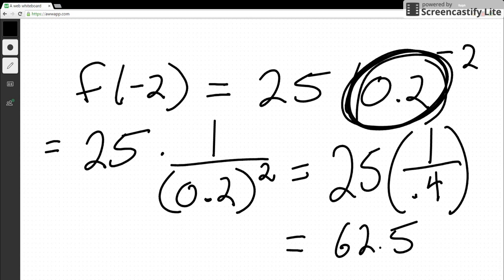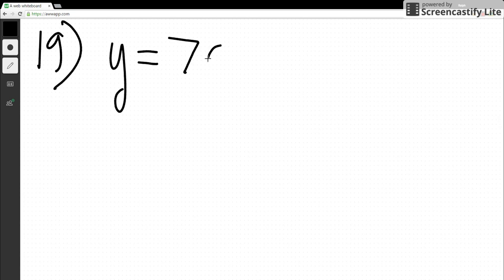Okay, let's go to the next one, number 19. This says y equals 7,000. It says you borrow $7,000 at 2.5% annual interest rate. And how much will you have after 3 years? So I'm going to set up my function.